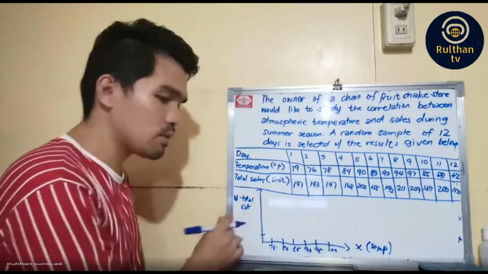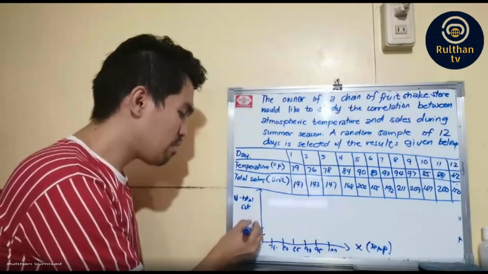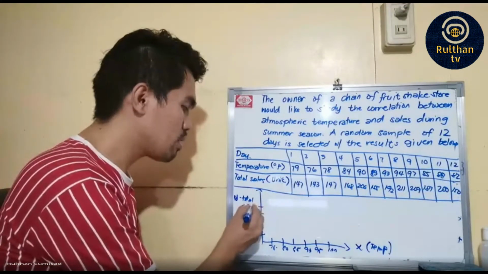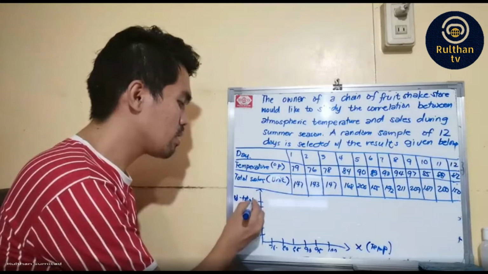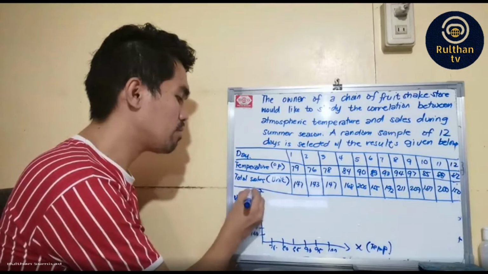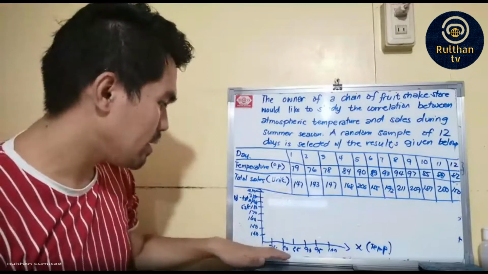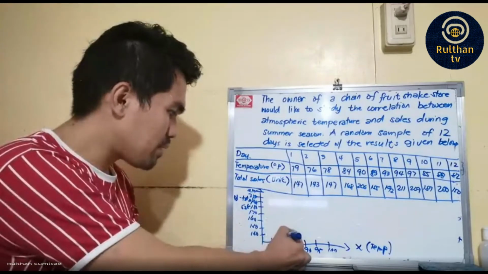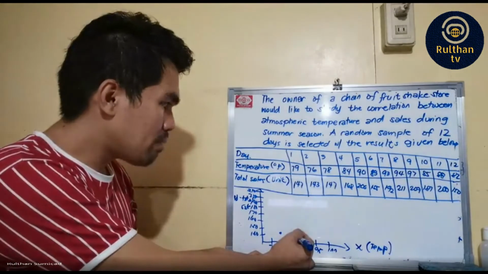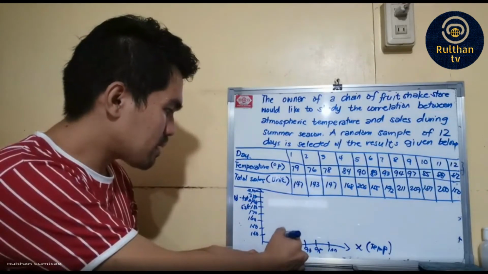Let's do it in steps of 10: 140, 150, 160, 170, 180, 190, 200, then 210. So we plot 79, 147, approximately here. Then 76, 143, something here.